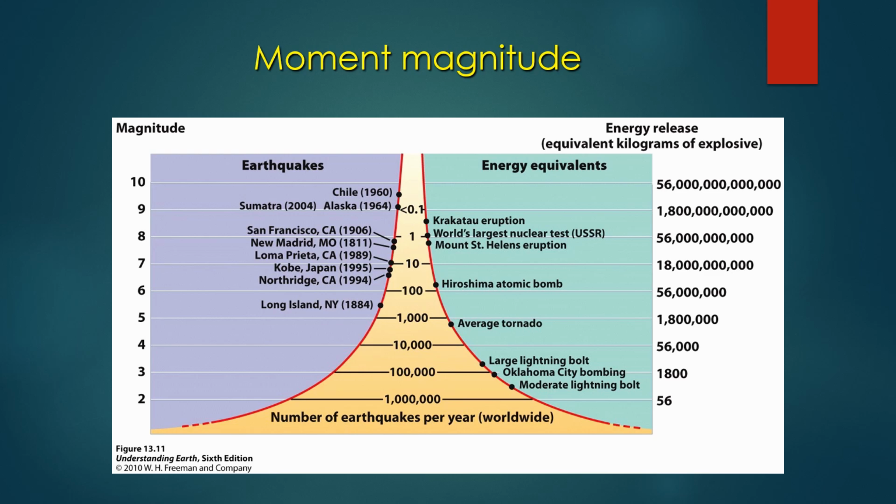Although both Richter's method and the moment method produce roughly the same numerical values, the moment magnitude can be measured more accurately from the seismic station, and it can also be determined directly from field measurements of the fault.